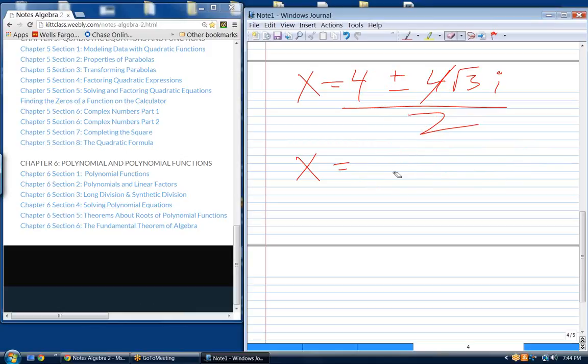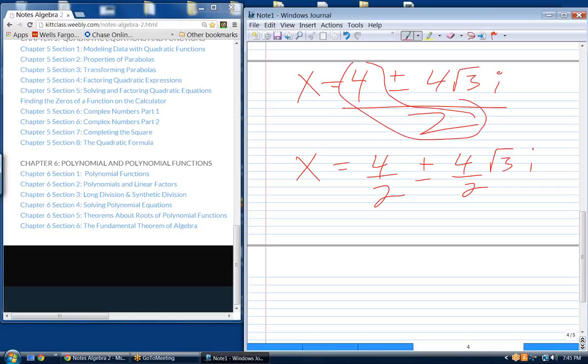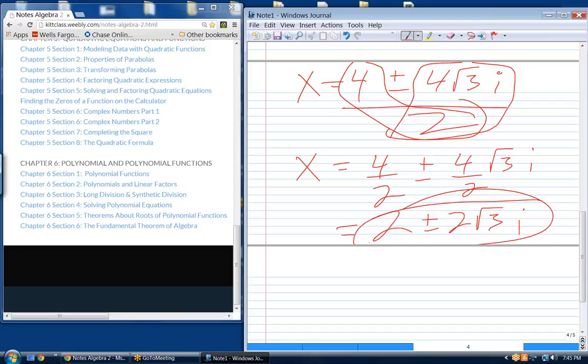What I'm doing is I'm saying that this whole thing is equal to 4 over 2 plus or minus 4 over 2 root 3 i. I split it up into two fractions like this. And then I simplify. That becomes 2 plus or minus 2 root 3 i. And there's your answer.